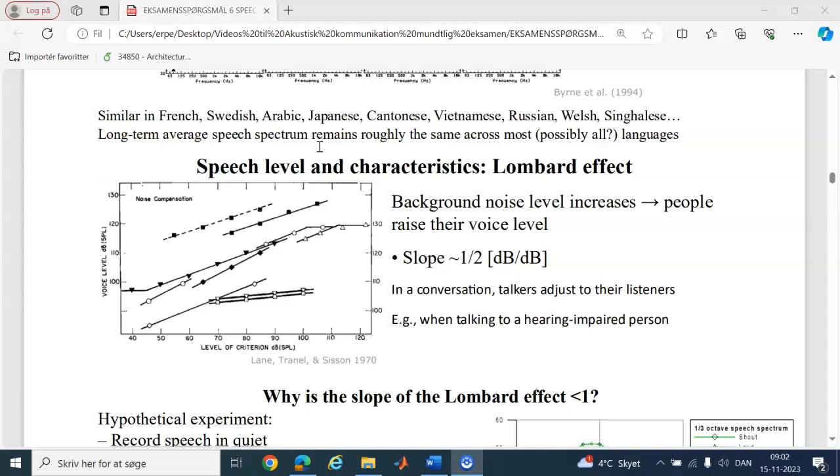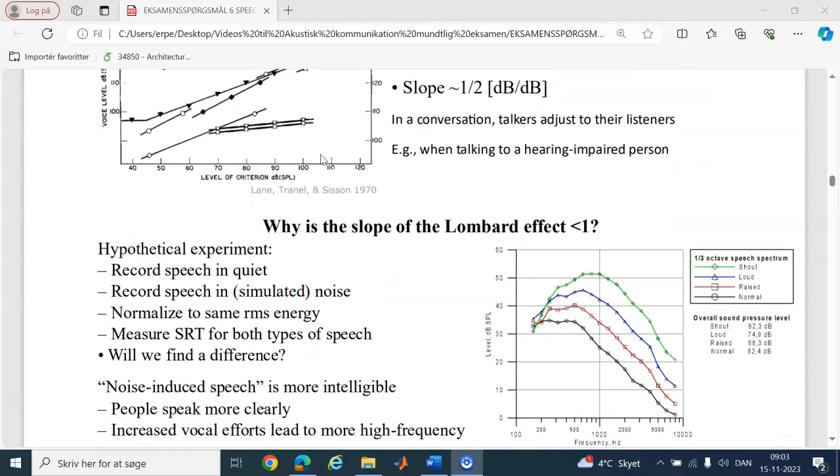In a conversation, talkers adjust to the listeners. If there's background noise, you raise your voice. That means that when talking to a hearing impaired person, it is the same situation.